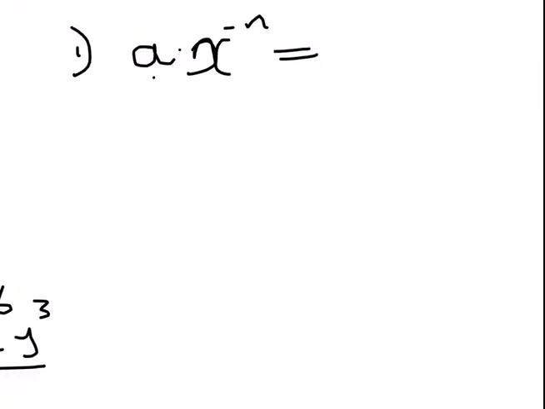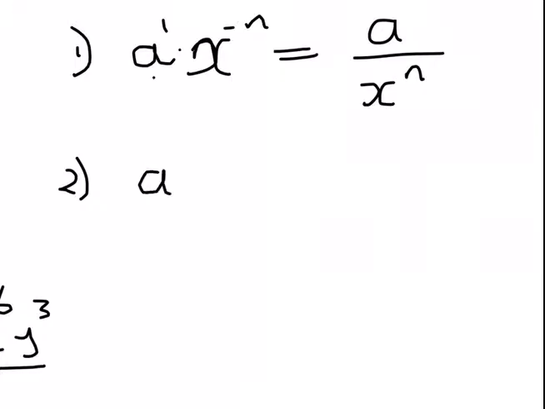So that letter which has a positive exponent stays at the top. This one that has a negative exponent goes to the bottom. So in other words, we just want to convert any negative exponent to a positive exponent. So the one that has a negative exponent has to change the position. You will see as we continue.